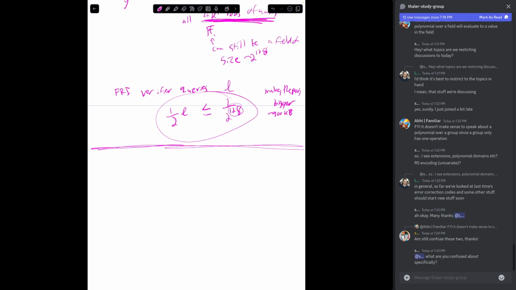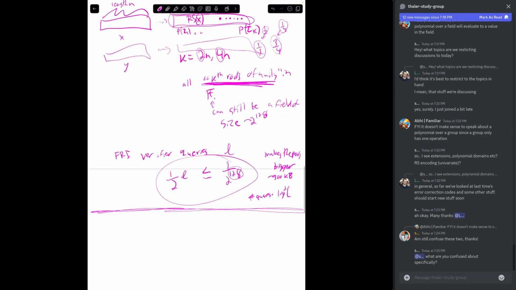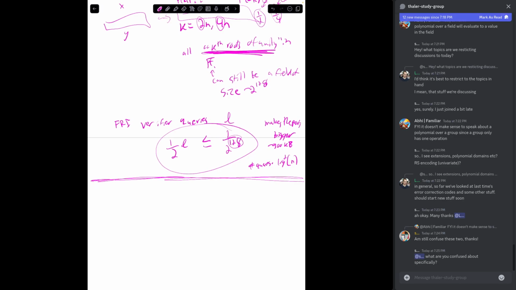It's not lots of rounds, but the proof size will be the number of queries times log squared of the length of the message being encoded. So this gets to be pretty big in the end, in large part because of this number of queries factor. So having all these queries makes the proofs bigger, but it's not really adding more rounds.